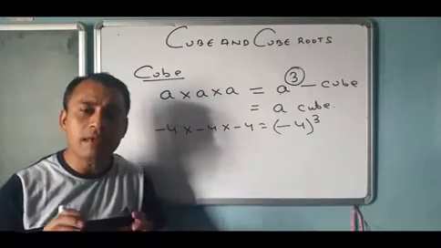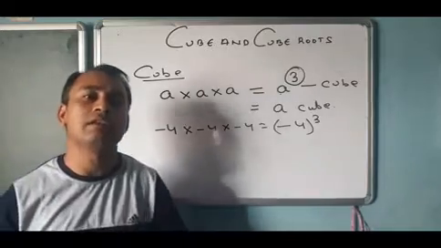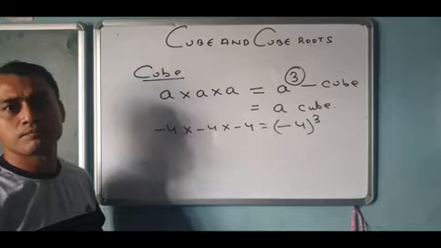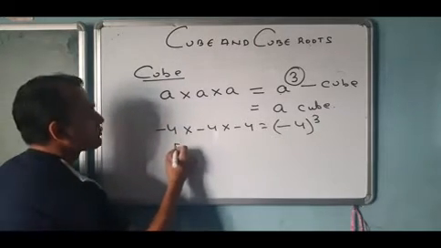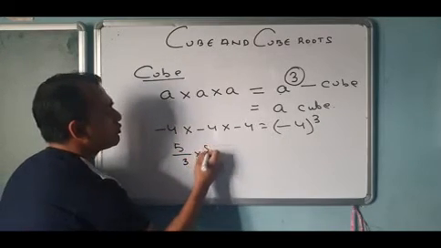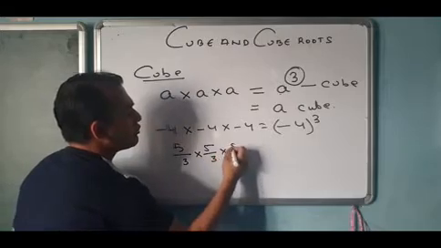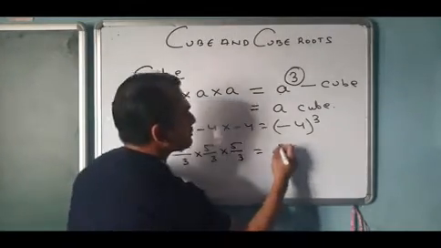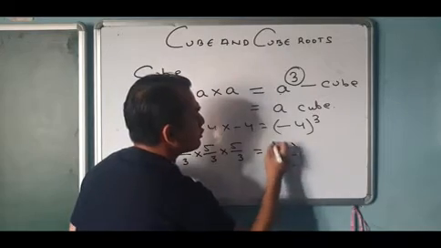Now this cube can be expressed for any quantity: for a whole number, for a decimal, as well as for a fraction. So if I write 5 by 3 into 5 by 3 into 5 by 3, this can be written as (5 by 3) cube.